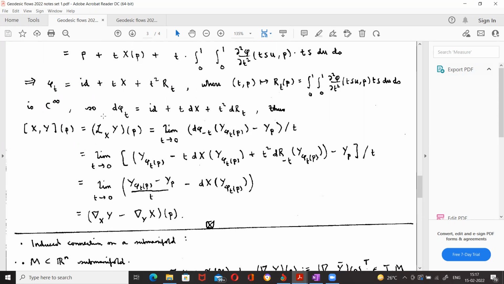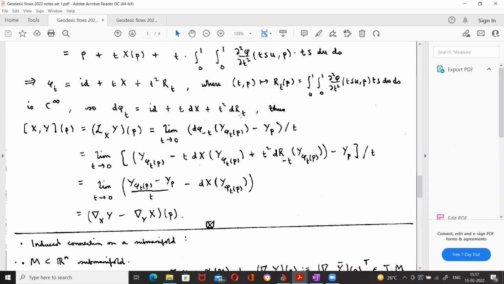Okay, so this Lie bracket is the same as the Lie derivative, L x y at p. So this is the limit as t tends to 0 of d phi minus t at y of phi t p minus y p, the whole thing divided by t. Now I have this formula for d phi minus t. It's going to be identity minus t dx plus t squared d r minus t.